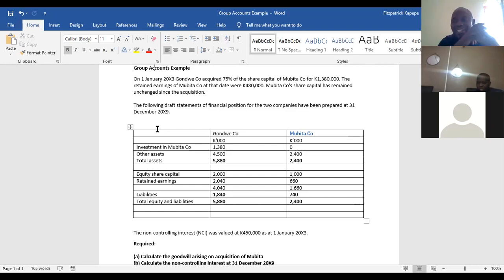But thank God, we are given the fair value of the NCI, which in this case is 450,000. So our work becomes pretty easy. Once we have those two numbers, the 1,380 plus the 450, whatever total we get, less the carrying amount at acquisition, that difference will give us the goodwill.